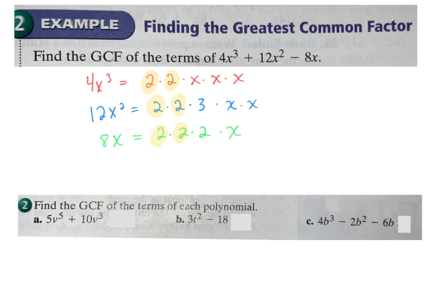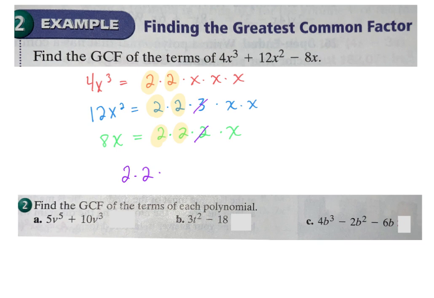So all of these have 2 2's. What you'll notice is I did not highlight this one because this doesn't have a third one and this doesn't have a third one. So I can only use 2 of them. The 2 here cannot be used because it's not in all of them. The 3 cannot be used because it is also not in all of them.